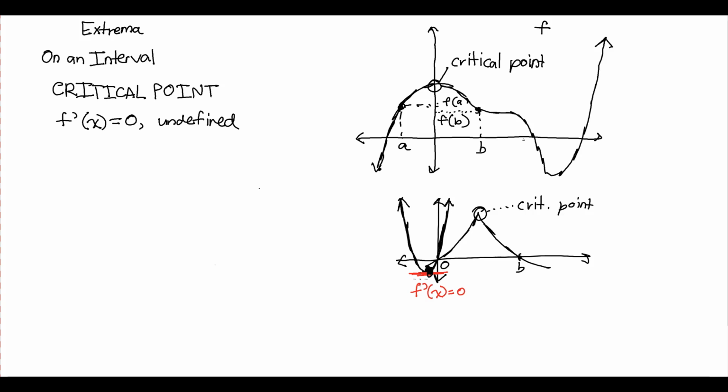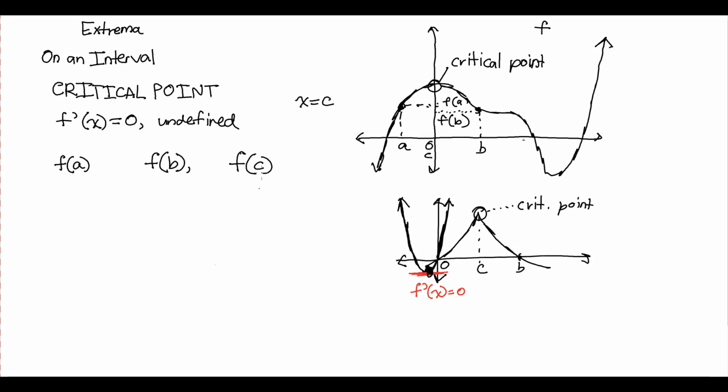So you have to test f of A, f of B, and if the critical point occurs at x equals c, let's put c over here. This I put 0, but that's also c. At x equals c, that means you also have to test f of c.